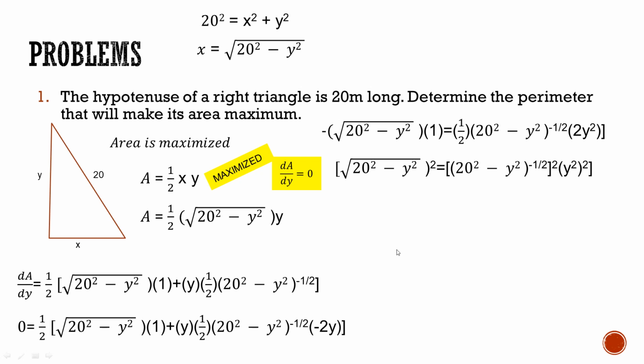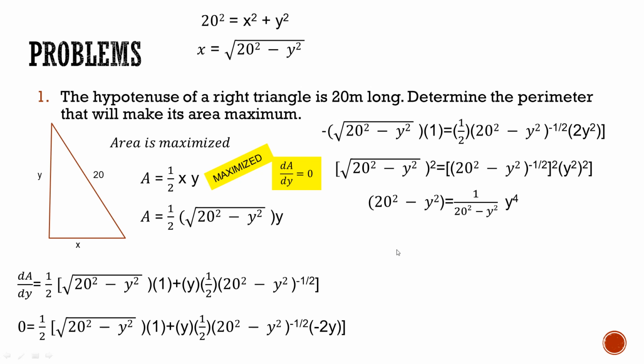And then from that, we remove the negative. So, we're going to square all of the terms to eliminate the radical. So on the left-hand side, the radical is removed as well as on the right-hand side. Only that, the exponent on the right-hand side, the 20 squared minus y squared, is negative 1. So, that goes down to the denominator.